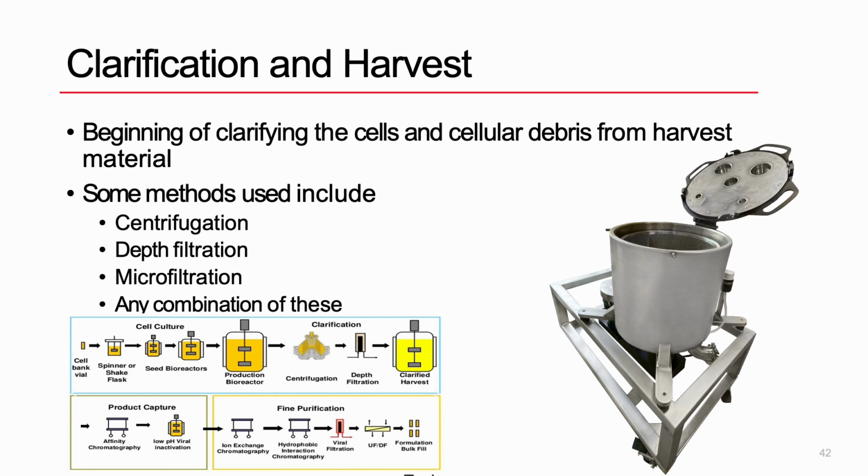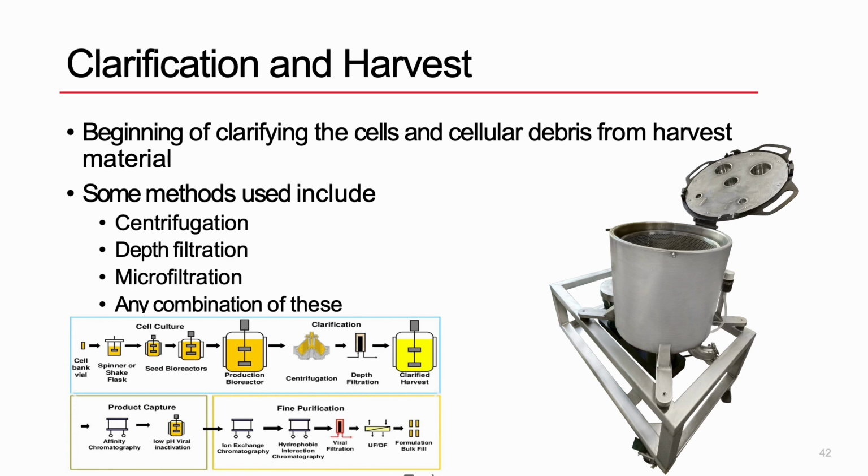So beginning of clarifying the cells and cellular debris from the harvest material is what we call clarification and harvest. Clarification of the product that we are collecting from the bioreactor.